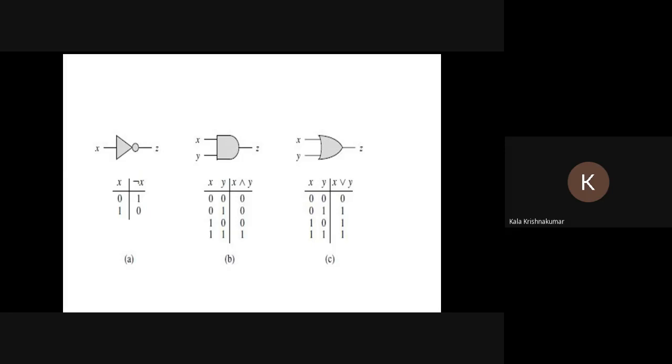A truth assignment for a Boolean combinational circuit is a set of Boolean input values. We discussed what a truth assignment is for a Boolean expression: it is a set of zeros and ones given to the variables in the expression.